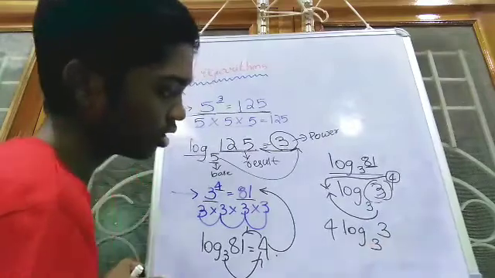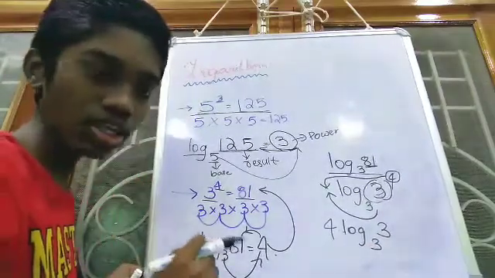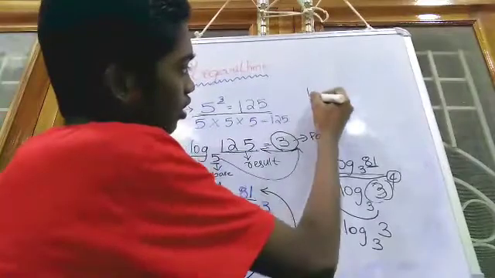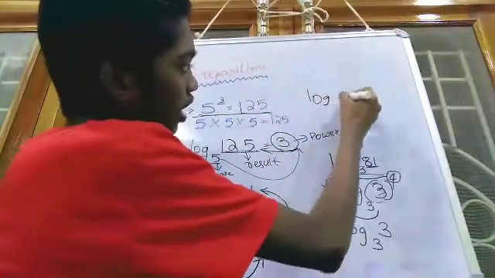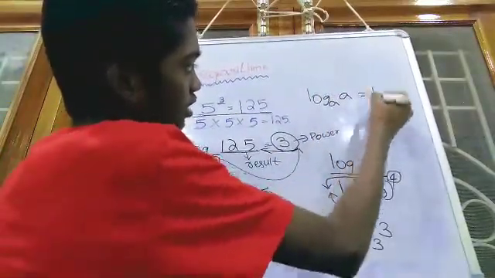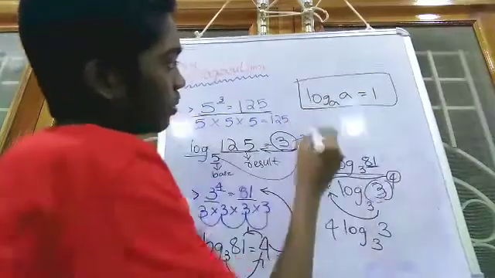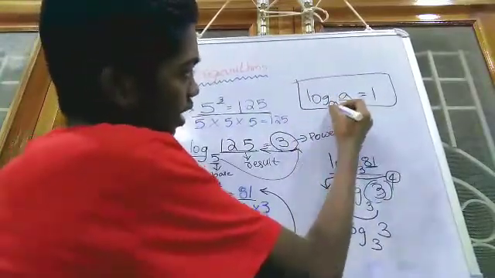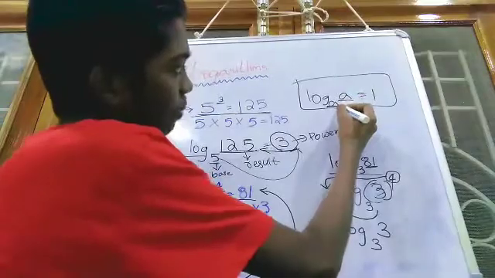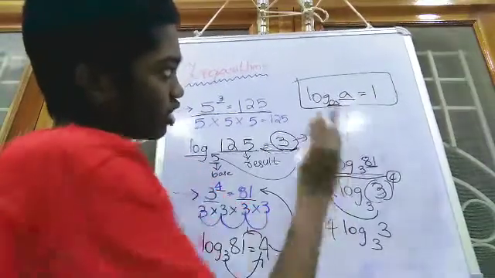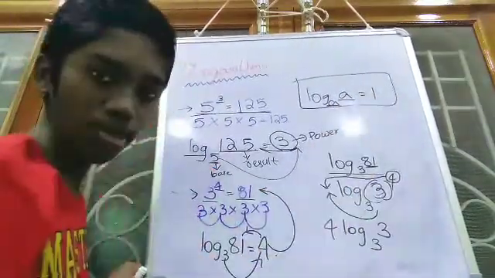Now here there is an important identity, that is log a to the base a will always be equal to 1. That means in log a to the base a, the result and the base must be the same number, then the result will be 1.